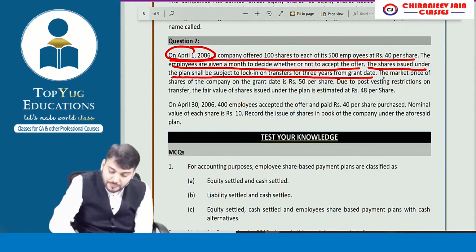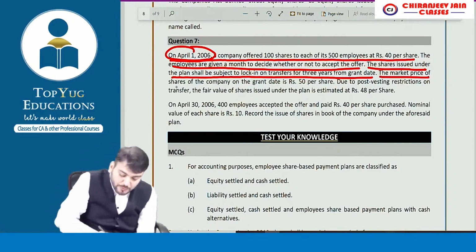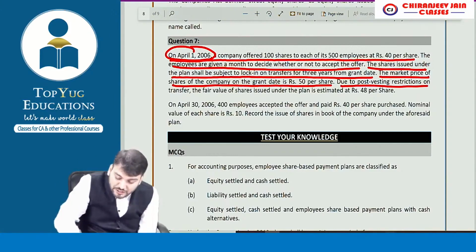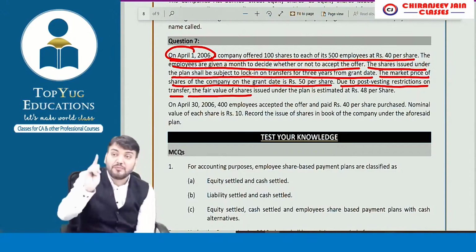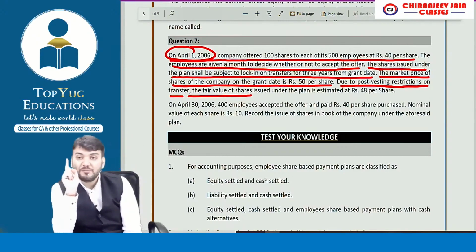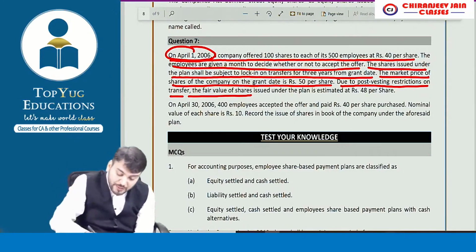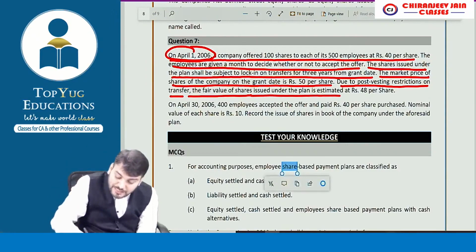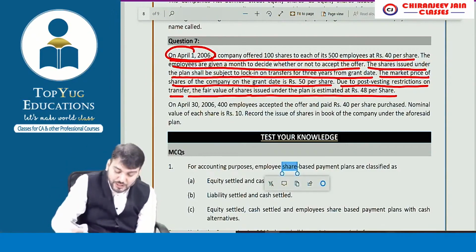3 years. The market price of shares of the company on grant date is 50 per share. Due to post vesting restriction on transfer, the fair value of shares, this is the fair value of shares, not fair value of options, which are two different terms, is estimated to be 48 per share.